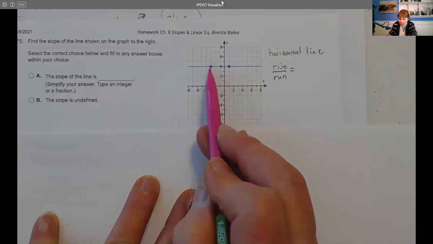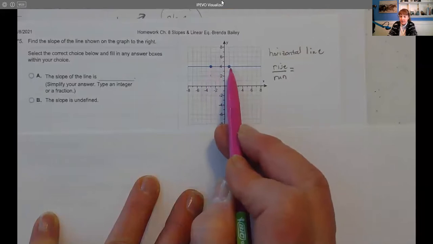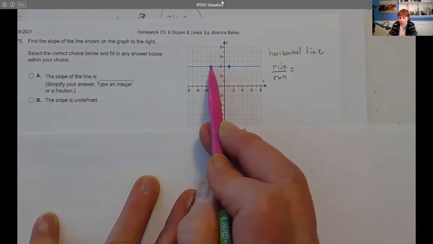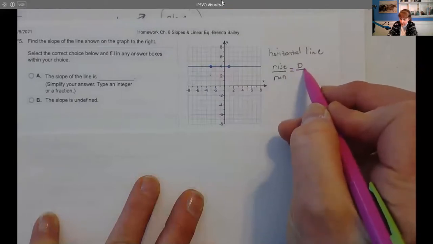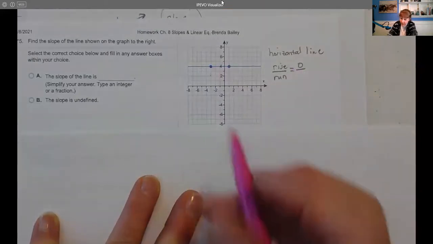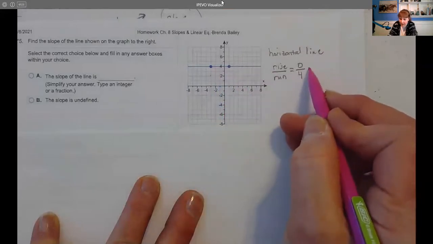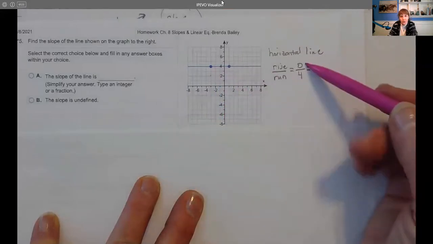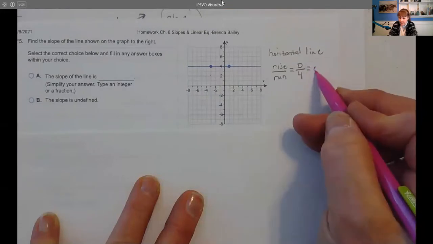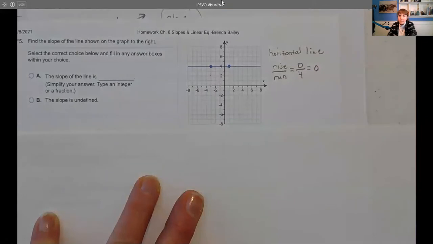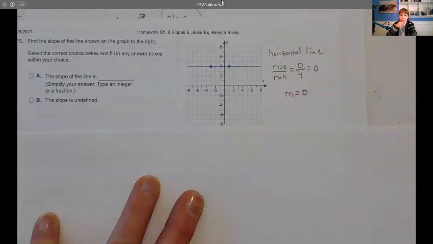We're not going up to get to this point, or going down to get to this point. So the rise is 0. And the run is 1, 2, 3, 4. But when you have a 0 in the numerator, it doesn't matter what's down here, it reduces to 0. So the slope of this line is 0.